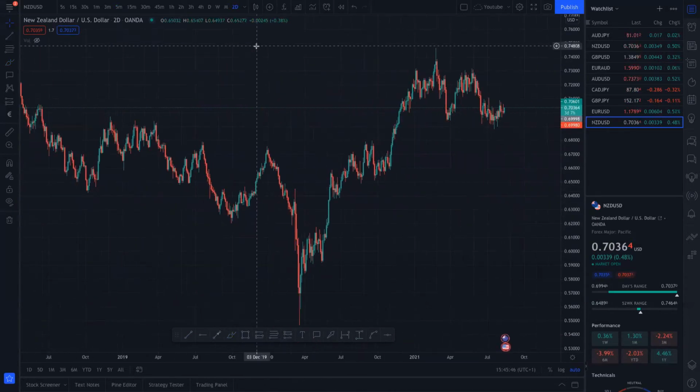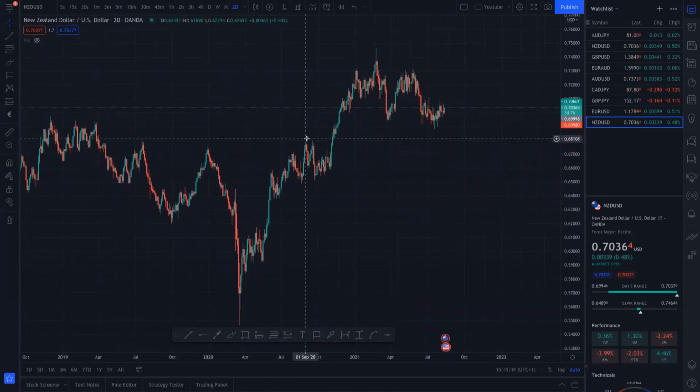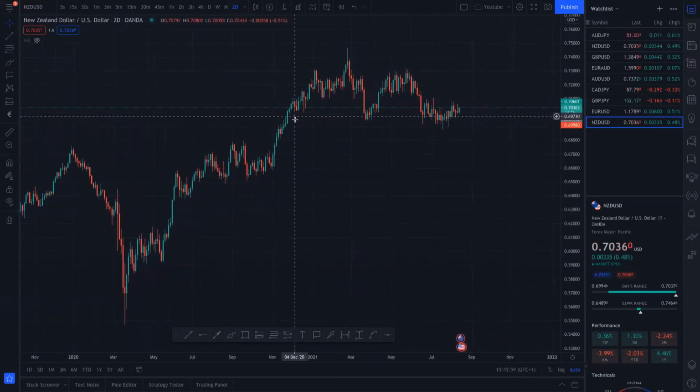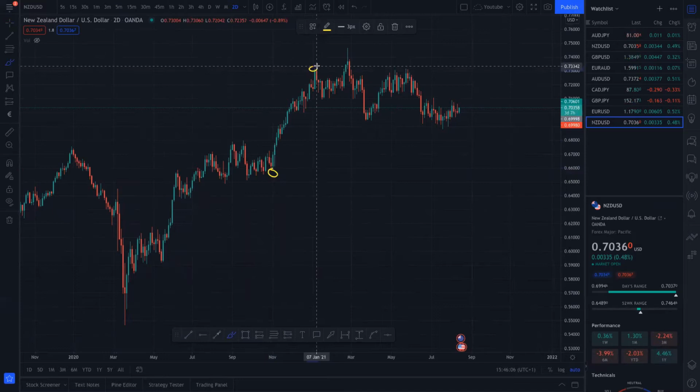If you see, this is the latest low, and this made this high. This is the low, and this is the high. I see an order block right here before the big move up.